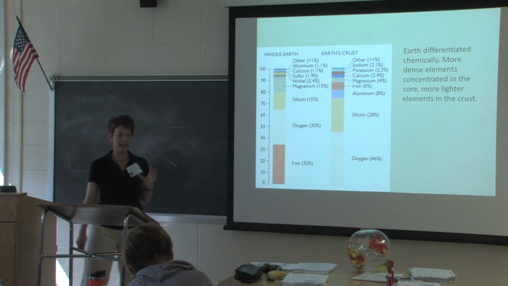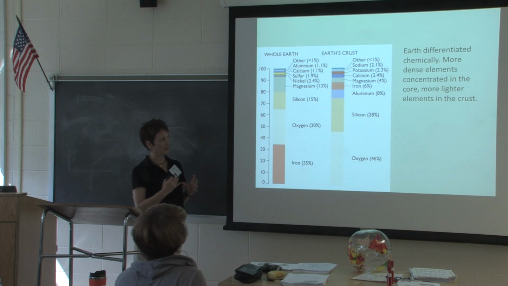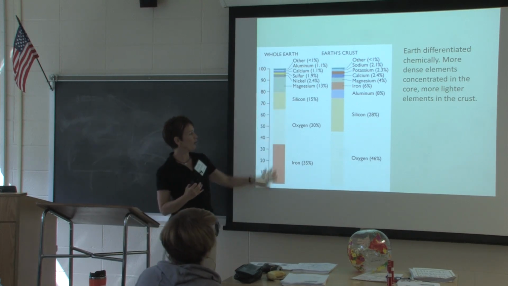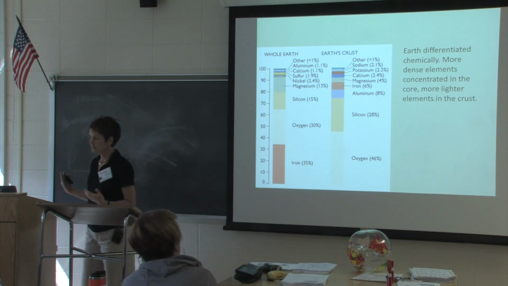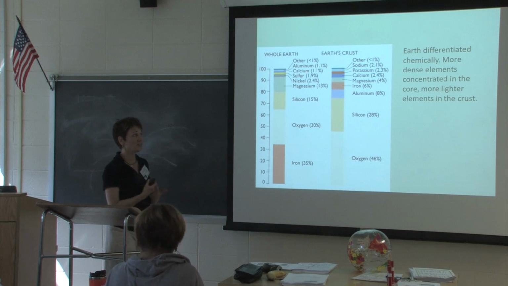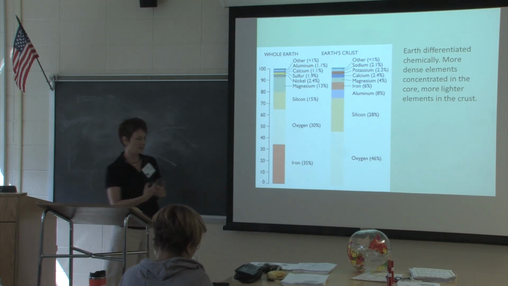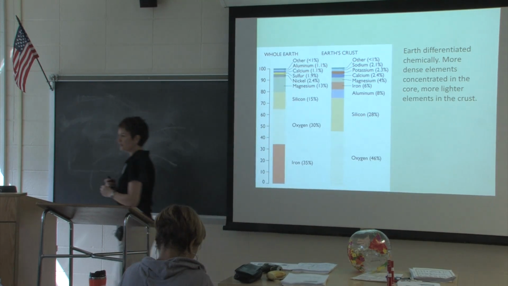We also know that chemically, the Earth is different physically. It's also different chemically. If we look at the whole Earth, the majority of the elements in the Earth are iron. However, if we look at our crust, only a small percentage of the crust is iron. Our crust is made up of primarily oxygen, silicon, and a little bit lesser aluminum.